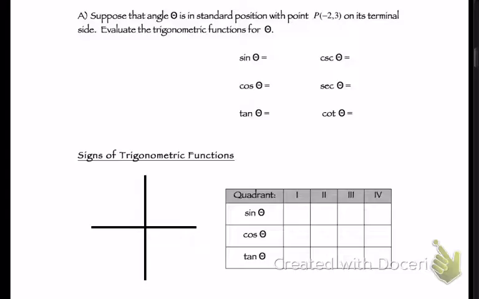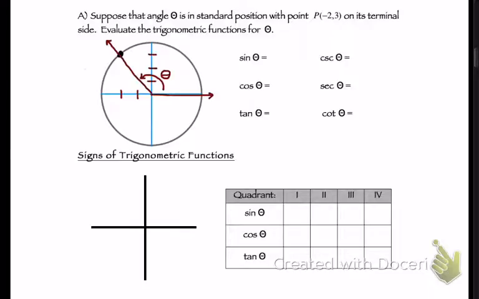So, first thing I'm going to do is obviously draw a picture. I drew my circle. I know standard position means that I start at the initial side, I end at the terminal side. It said that that point, -2, 3, is on the terminal side, so I know that -2, 3 is on that terminal side.